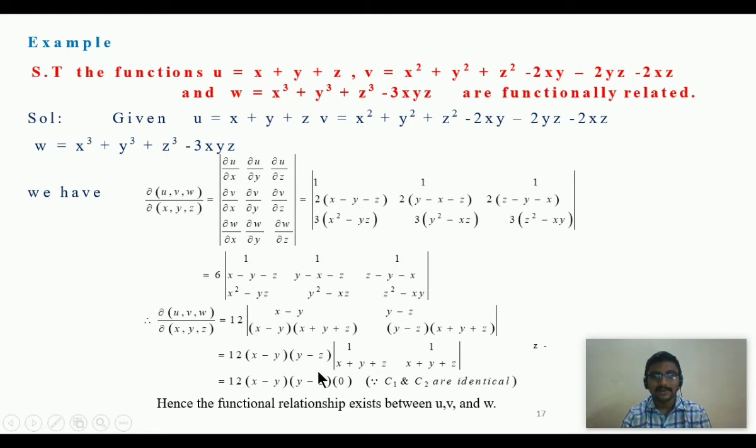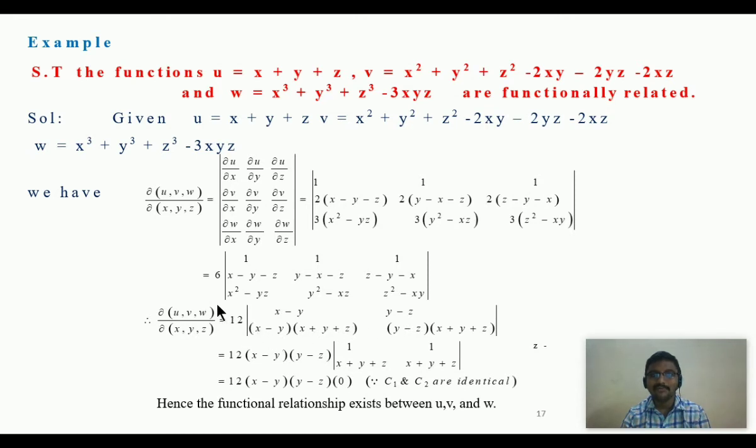So we will have two columns identical here, that is C1 and C2 are identical. C1, C2, C3 denote the columns, R1, R2, R3 denote the rows. So clearly the two columns are identical. We know the property of determinants, that if any two rows or two columns are identical, then the determinant value is 0. So clearly the determinant value is 0 here.